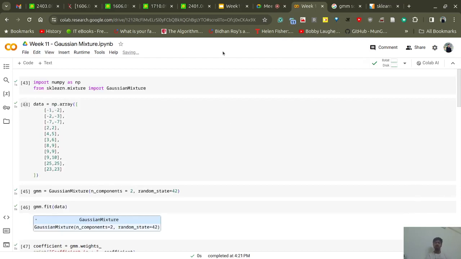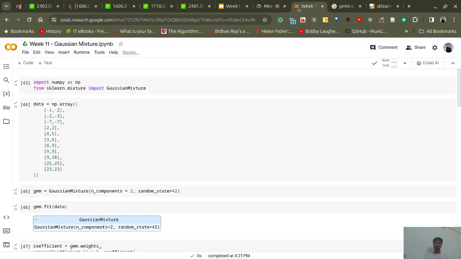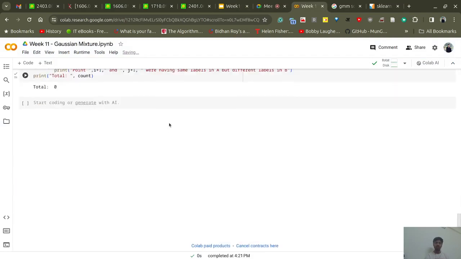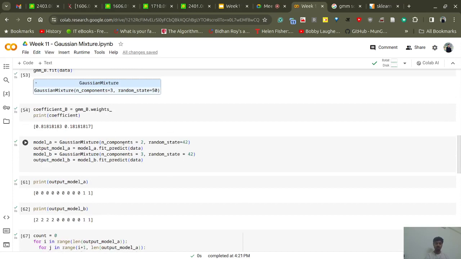Sir, have you given the same data for both the models? Yes, same data. So basically we are showing the data here and here. Let's say Gaussian mixture n components. So when you are fitting it, fit predict, we are providing the data. Here also we are providing the same data.